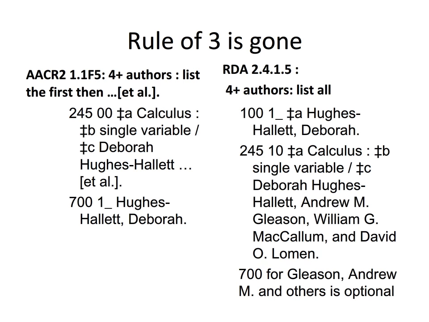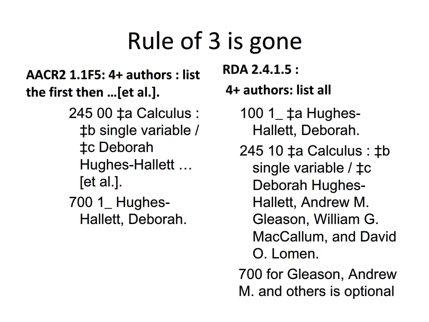I'd like to point out 3 different things here. 1. RDA gets rid of Latin abbreviations, so when there are more than 3 authors, we no longer list one, then use the Latin abbreviation et al. Instead, you can list all the authors that appear on your preferred source of information. 2. Also, the first author now goes in a 100 instead of a 700 field.